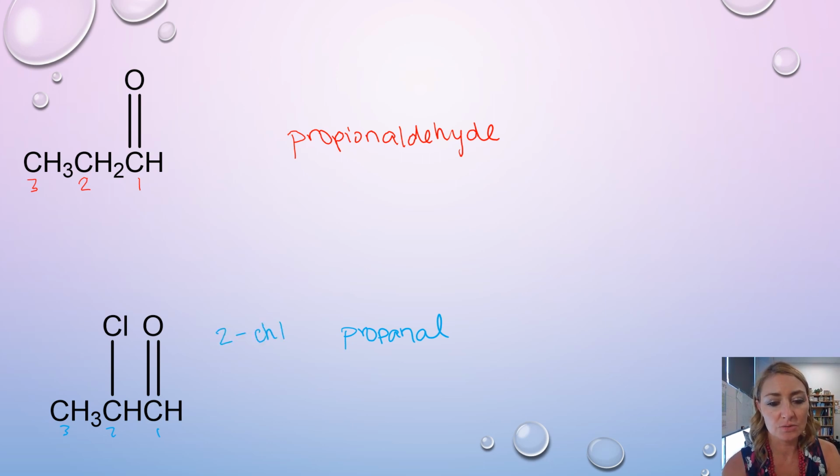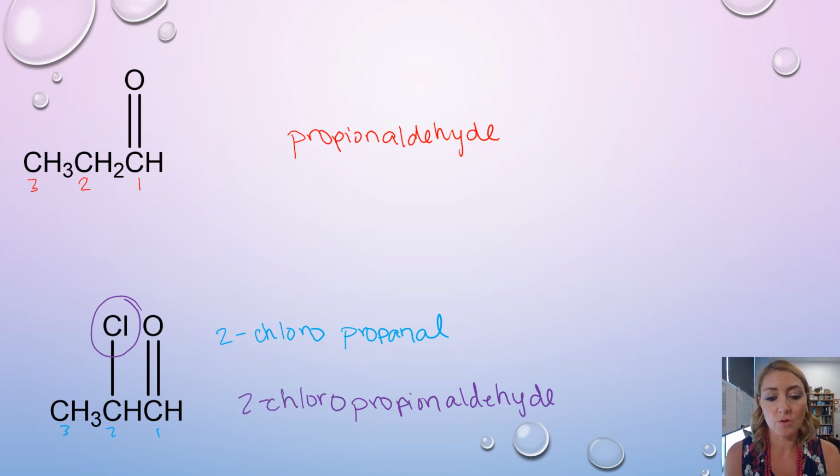So this would be 2-chloropropanal. To use the common naming, we're going to use a different prefix for the parent name. Okay, this is propion aldehyde. But we still have to mention that chlorine branch. It's still on the 2nd carbon. So this is 2-chloropropion aldehyde is the common name. 2-chloropropanal is the IUPAC name.